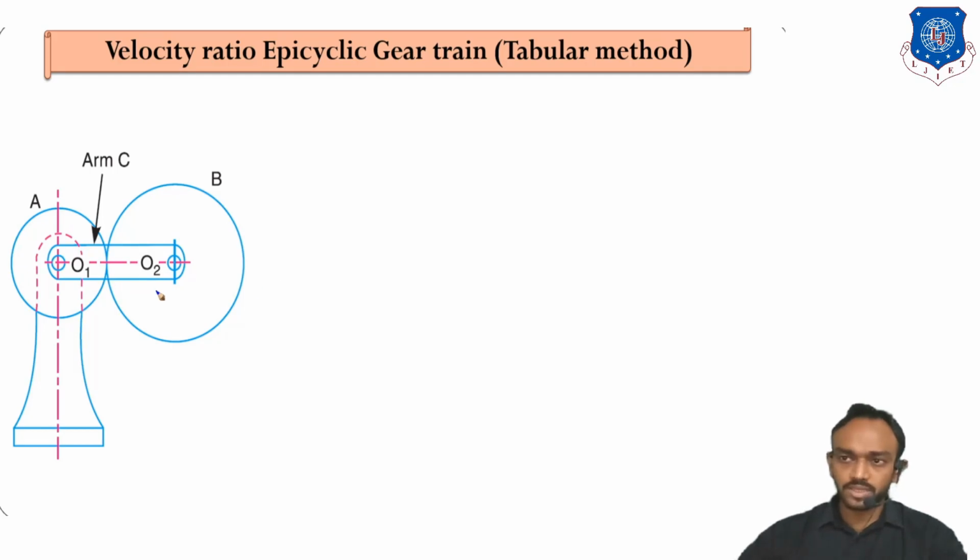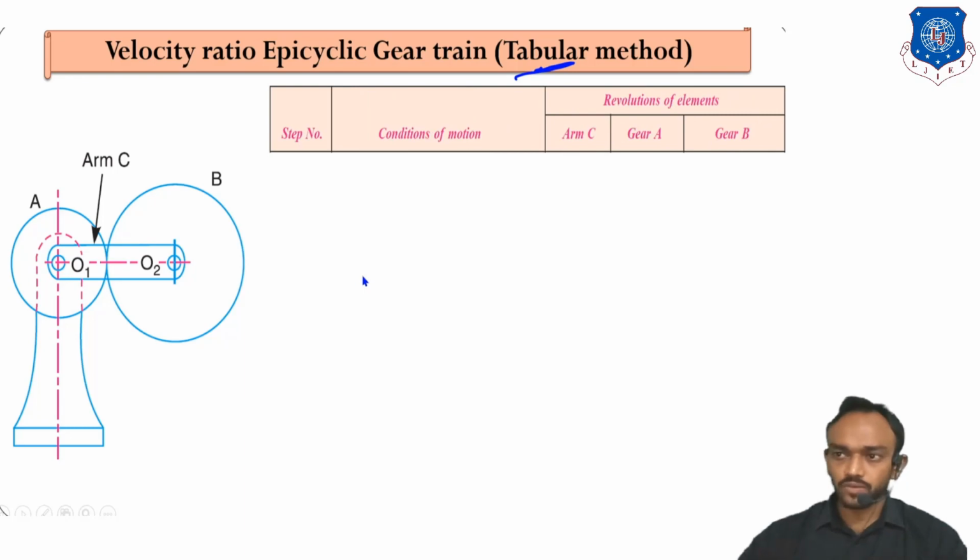So a very simple system of gears is taken, and we will find the velocities of A and B. So pay attention, it is a very important method, and all the numericals are based on this tabular method.